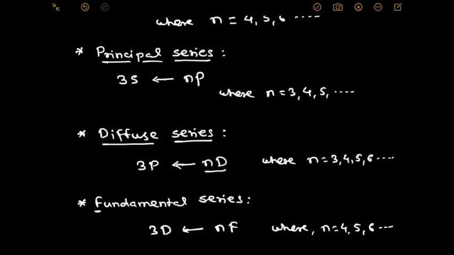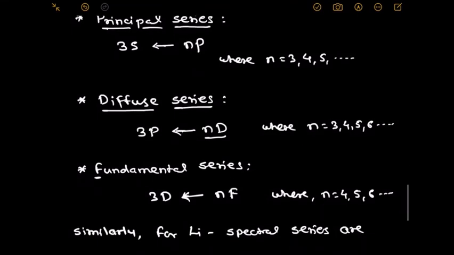We cannot write 3, since 3f is not available. Hence we start from n equal to 4: 4f, 5f, 6f. The transition takes place from these states and ends on the lower fixed state, 3d. Hence the resulting series becomes a fundamental series.